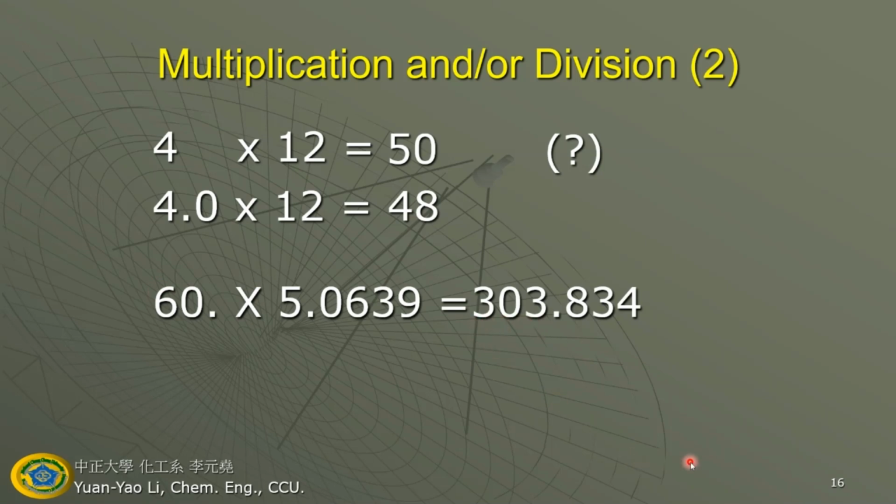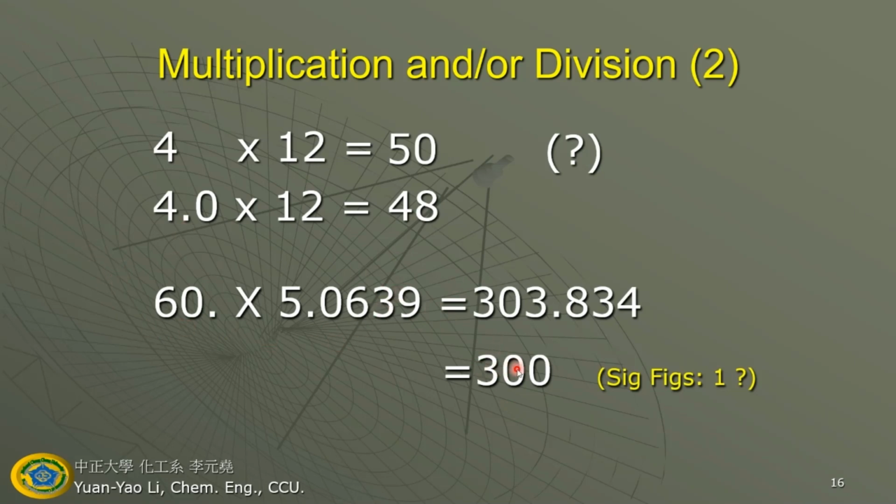300. But unfortunately, if you write down 300, how many significant figures here? Only one, right? But we need to express this answer using two significant figures, because this has two significant figures.